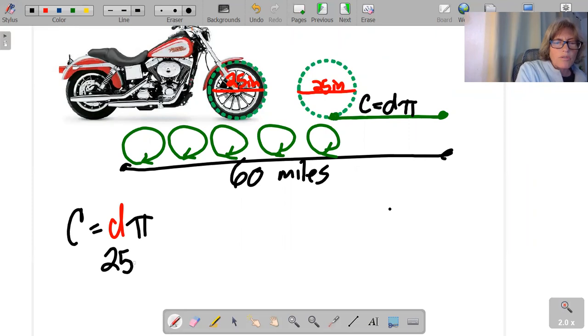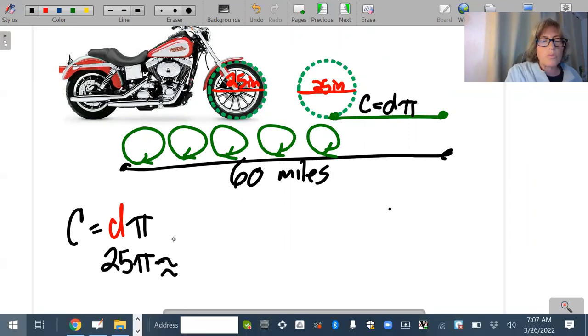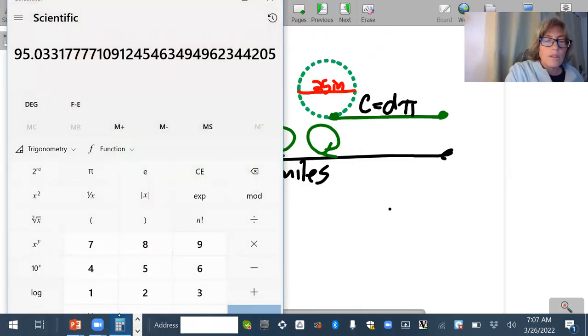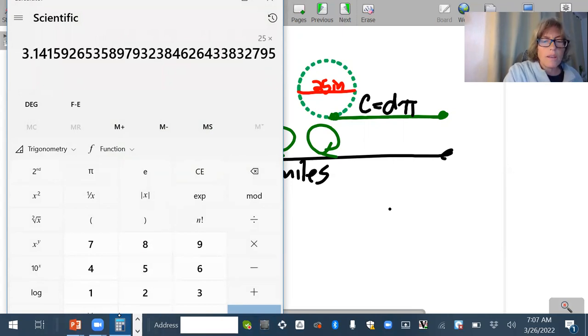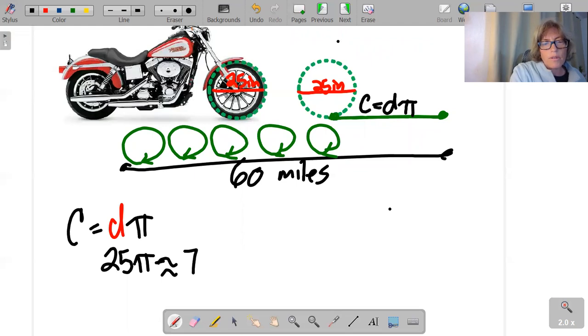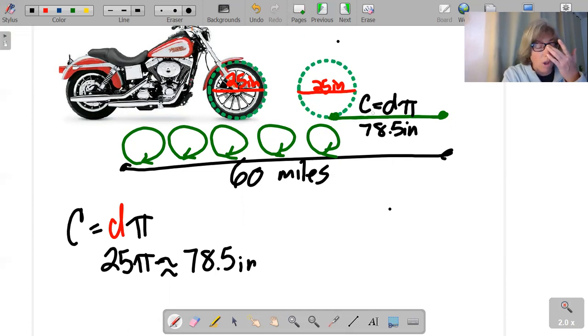So it's 25 inches times pi. We're going to get the approximate form since we have to do something else with it, the decimal you should have. So 25 times pi, 78.5. And that's inches. So every time that wheel turned, it moved forward 78.5 inches. But our distance is not in inches, it's in miles.